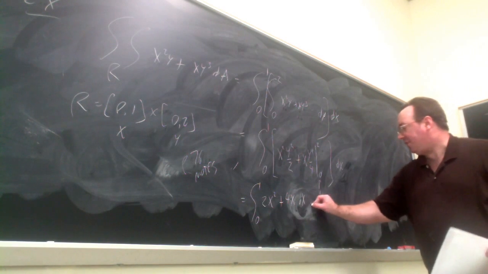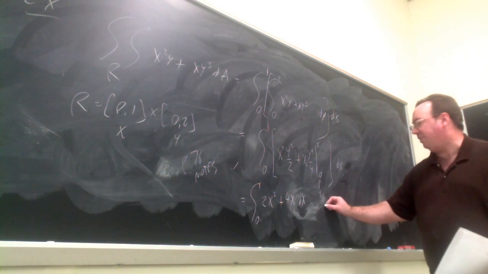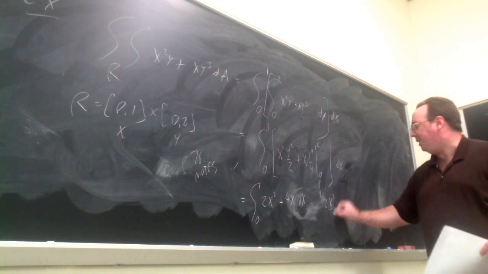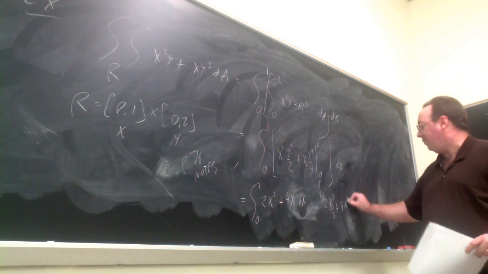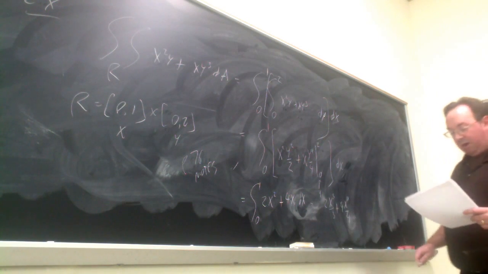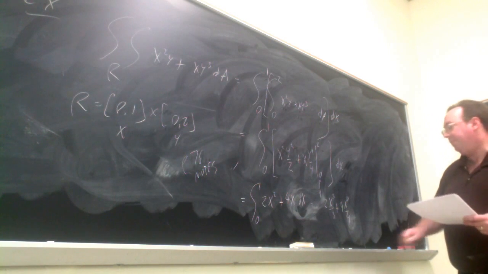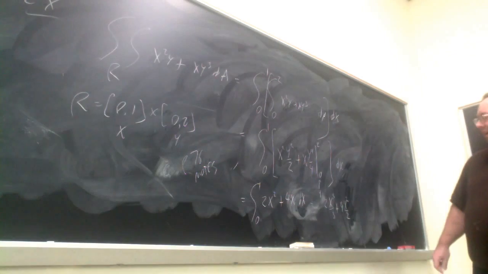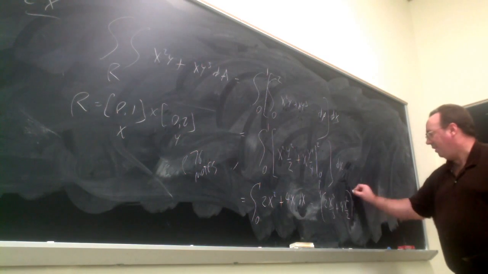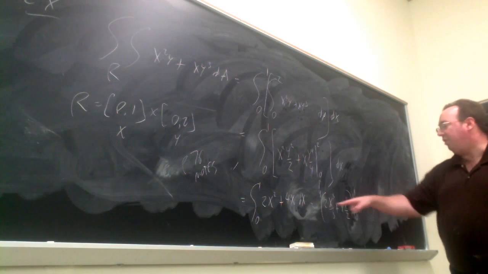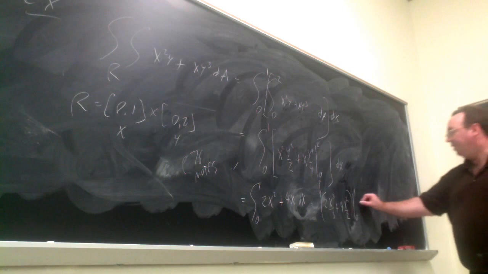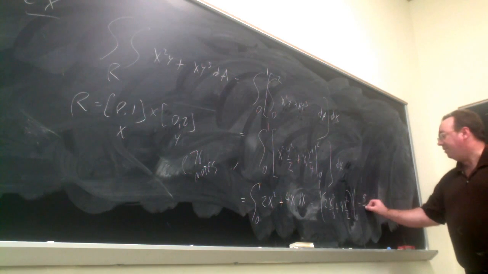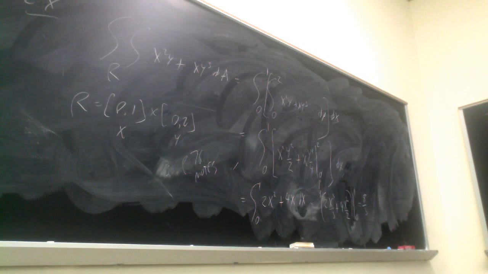Now I can integrate with respect to x, and that's going to give you 2x cubed over 3 plus 4x to the 4th over 4. Sorry, limits 0 and 1. And then you plug those x values in, and the final result that you get is 8/3.